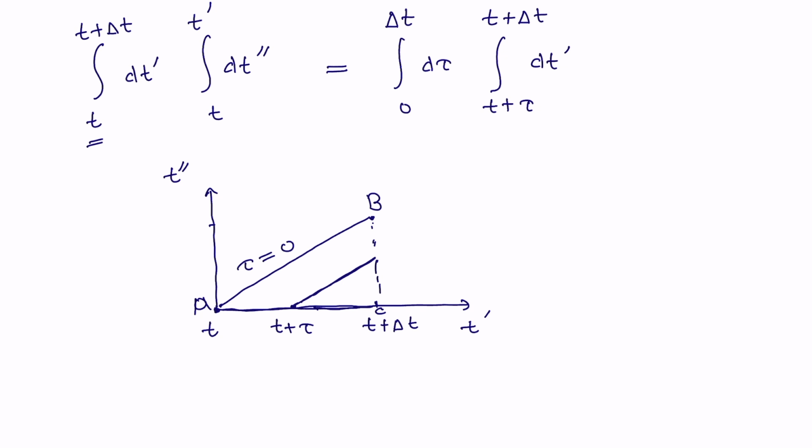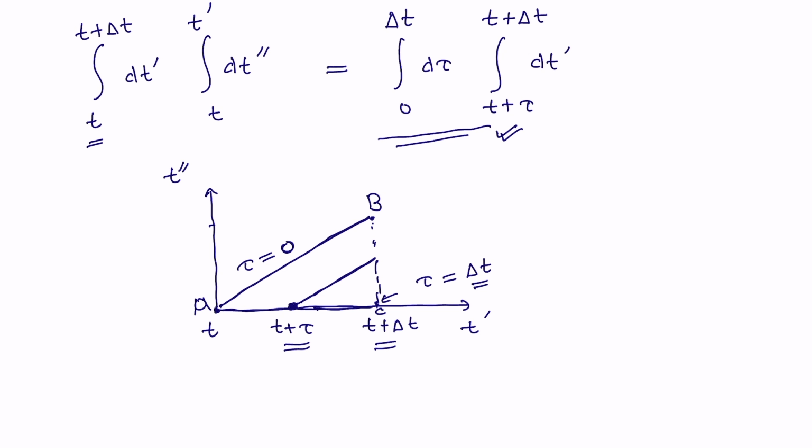So I can go from tau equal to 0 up to this point C, where tau is simply equal to delta t, right? And the other variable t dash I can go from time t plus tau to t plus delta t, which is exactly what I am doing here. Then I am varying tau from tau equal to 0 to tau equal to delta t. And this is the reason I can write this equation.